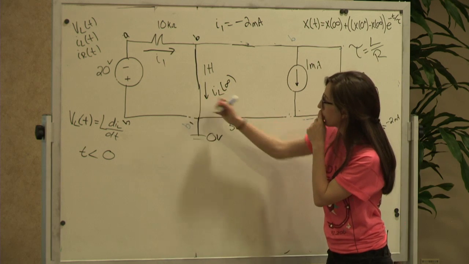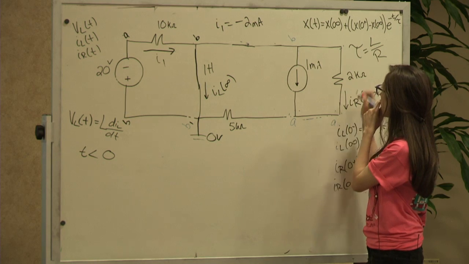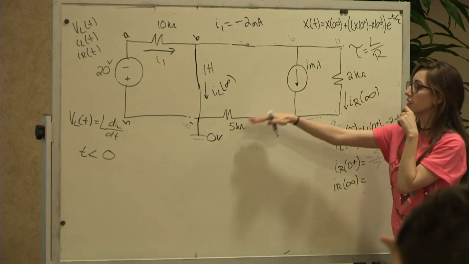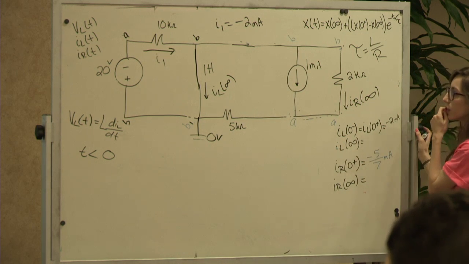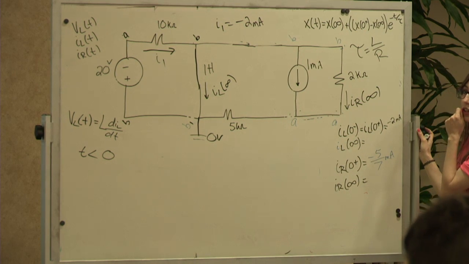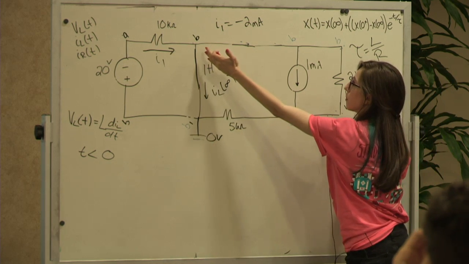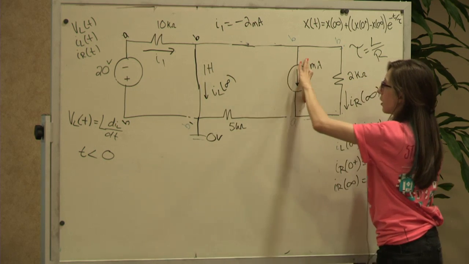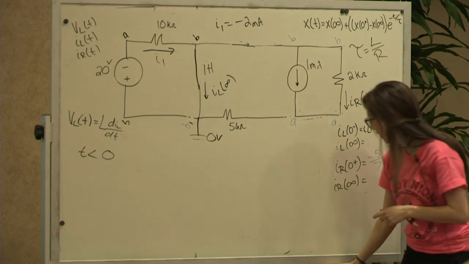And this is B. And we'll call this A. Do you guys see what these are connected in? They're in parallel. I don't know if you guys can visualize. Imagine if I'm going to just move this up a little, and I had 5 kilo ohm here in parallel with the 1 milliamp and the 2. You guys don't believe me? Okay.